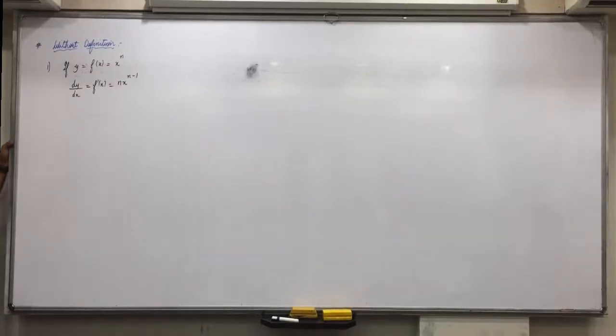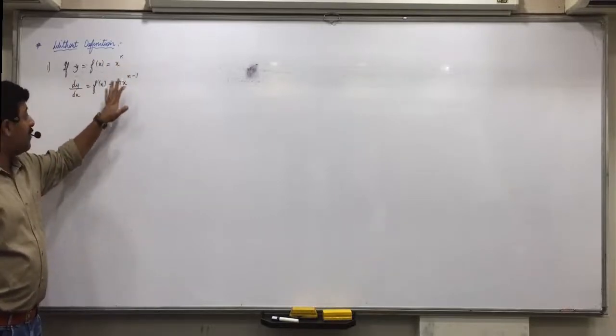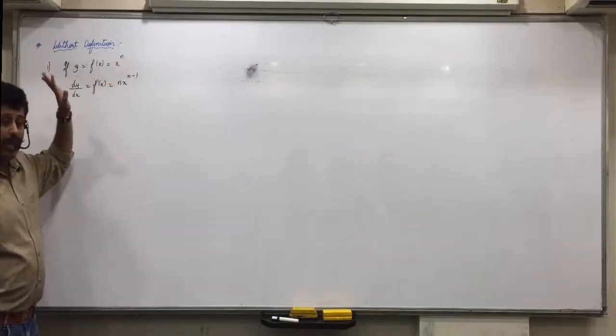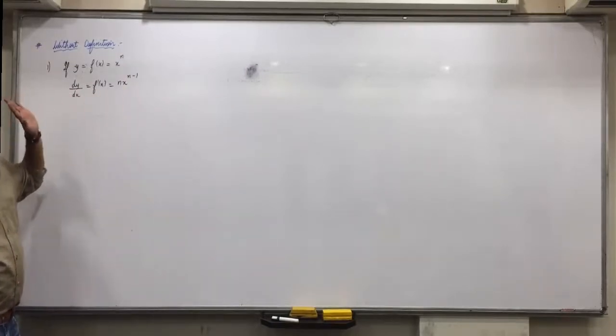So this you remember as the concept without the definition itself. First we did with definition and understood, we get that answer. Now without the definition, directly remember, if y equals to f(x) equals to x raised to n, then dy by dx will be directly n x raised to n minus 1.